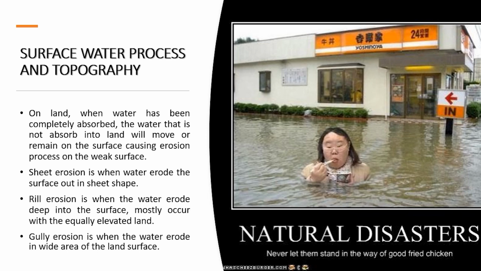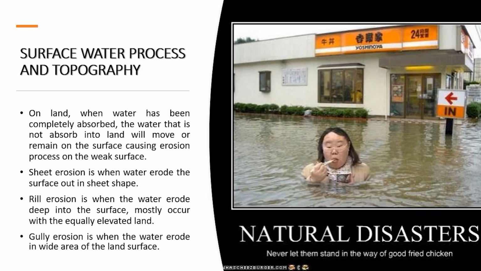Number one is sheet erosion, which is when the water erodes the surface out in sheet shape. So the surface, either rock or soil, lifts up and erodes into sheet shape. It does not go into small particles, but it lifts out in sheet shape.